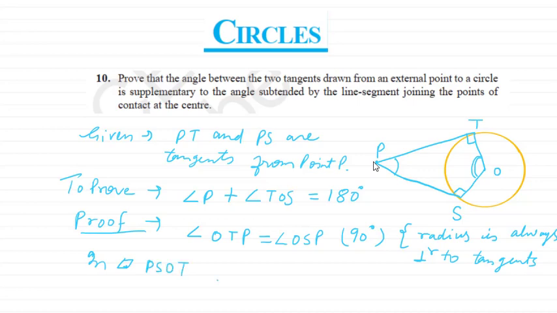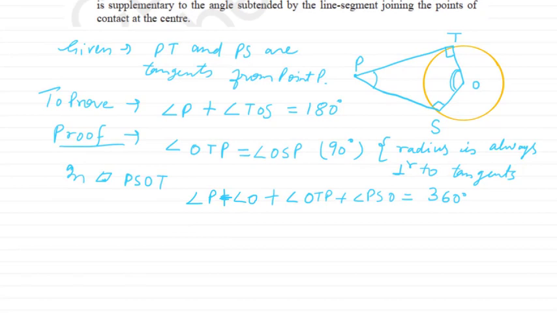So we know that sum of all the angles will be how much? So angle P plus angle O plus angle OTP plus angle PSO will be equal to 360 degrees. We know that sum of the angles in a quadrilateral is 360 degrees. So here just simply put the values. So angle P plus, in the place of O we can write TOS, the same thing.